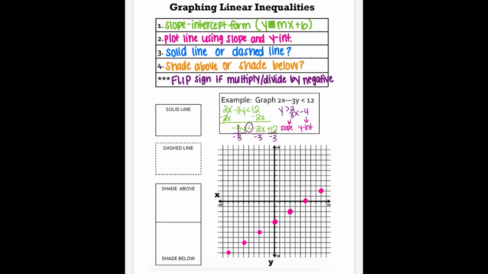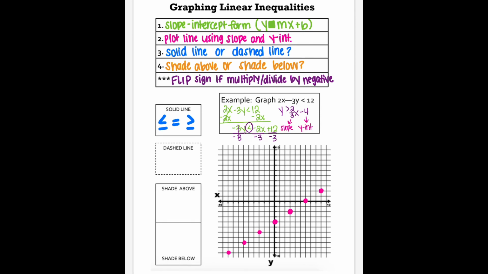Okay, so I've got my dots for the line, but I'm not going to actually connect these dots just yet, because we've got to think about if we need a solid line or if we need a dashed line based on what the inequality says. So a solid line comes if you have an equal sign underneath, so that's either the less than or equal to or a greater than or equal to.